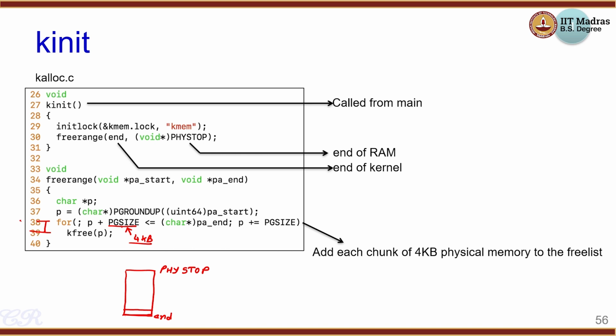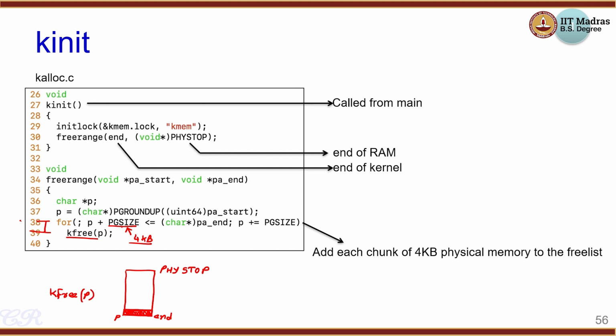And it essentially invokes kfree. Recollect that kfree adds a node into the free list. So when I do something like this, I have p pointing here, and I am invoking kfree with this particular p, kfree(p).